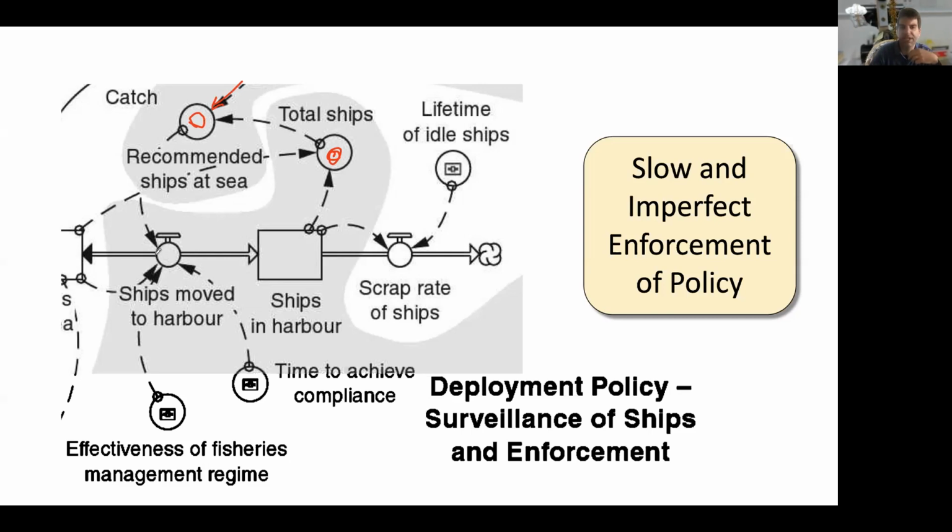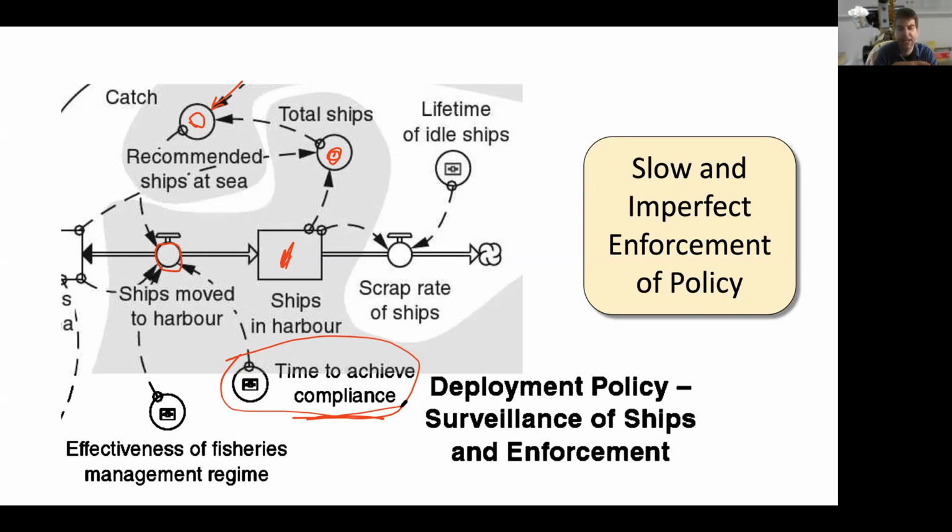And then that should hopefully affect the flow rate of ships so that you not only can get ships out of this stock, so you can reduce the number of ships in this stock, but it takes time to achieve compliance. And so even though we might say we need to reduce the number of ships right now, it just takes time, and so there's going to be some lag, some delays.